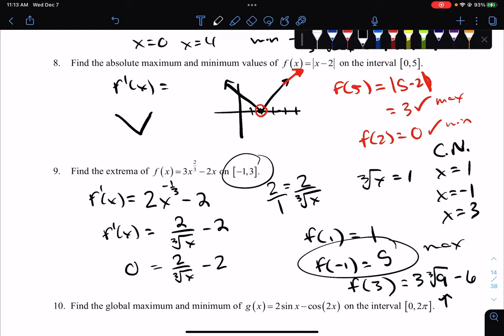The cube root of 8 is 2, which means the cube root of 9 is a little bit bigger, which means cube root of 9 times 3 is a little bit bigger than 6. So when I minus 6, I'm going to be in between 0 and 1. So this is going to probably end up being my minimum.